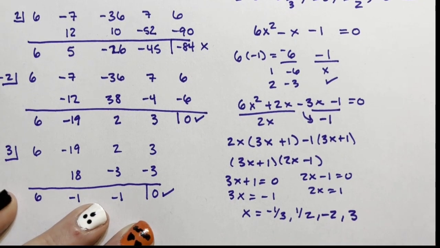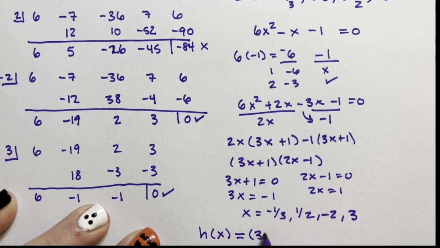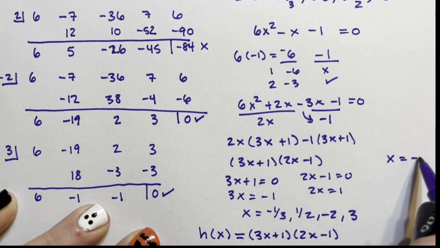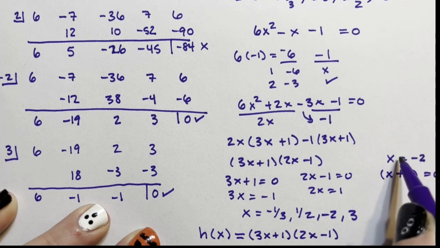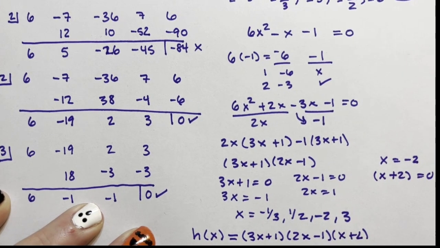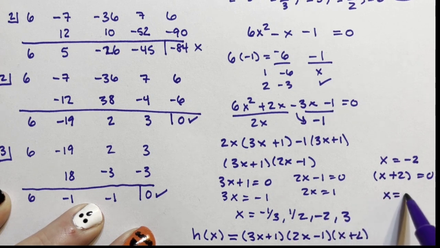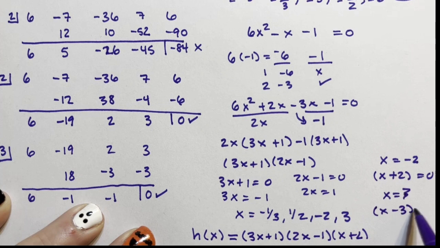We could say h of x equals, I'm going to start with these two, 3x plus 1, 2x minus 1. This x minus 2 becomes x plus 2 when the 2 comes over. And the x equaling 3 becomes x minus 3 when the 3 comes over.